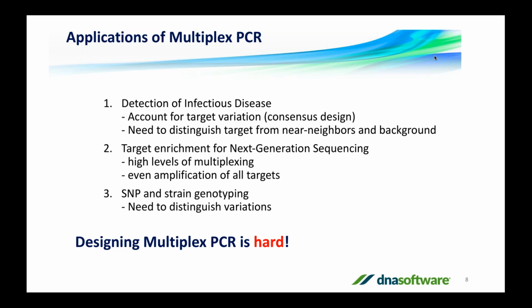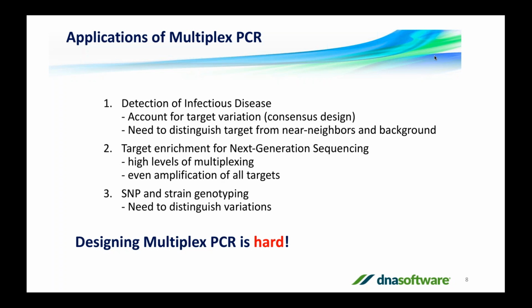A lot of folks want to design panels of tests that will detect more than one pathogen at a time, such as, for example, upper respiratory pathogens or a group of messenger RNAs found in human blood, etc. So the key there is to be able to account for target variation, and that's called consensus design. And there you want to be able to distinguish the target of interest from near neighbors and background sequences.